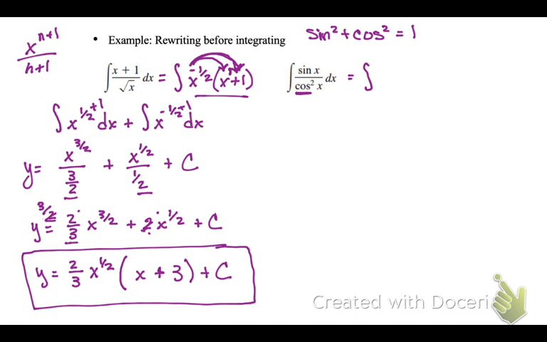Isn't it 1? Yeah. And then I could subtract this over. So I could write it as sine over 1 minus sine squared. Yes? And then I could go on from there.